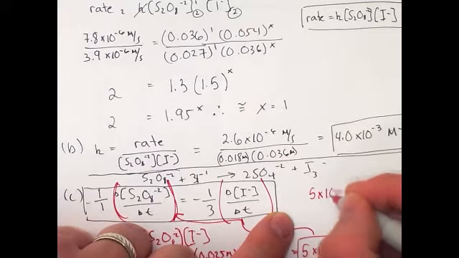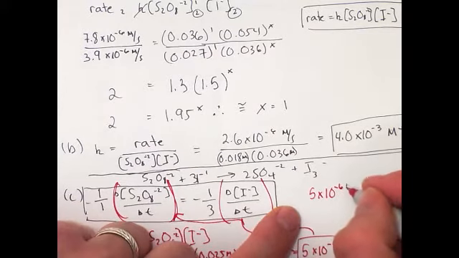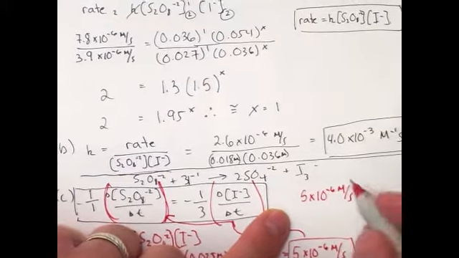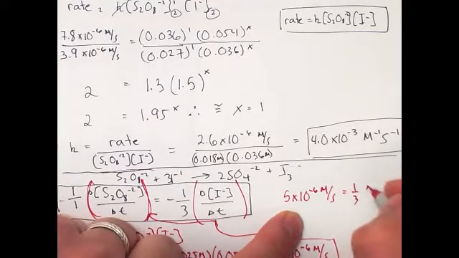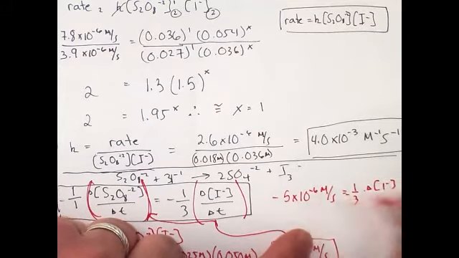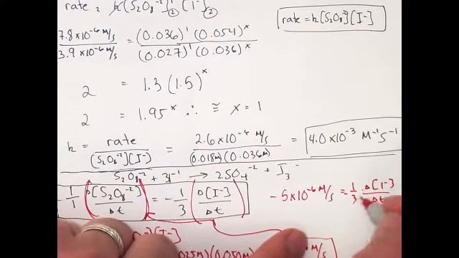So 5 times 10 to the negative 6 molar per second equals 1/3 the rate of disappearance of iodide.